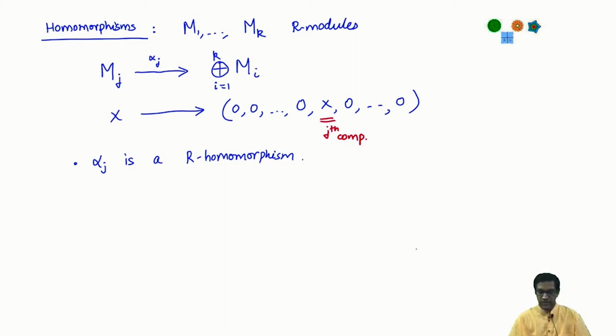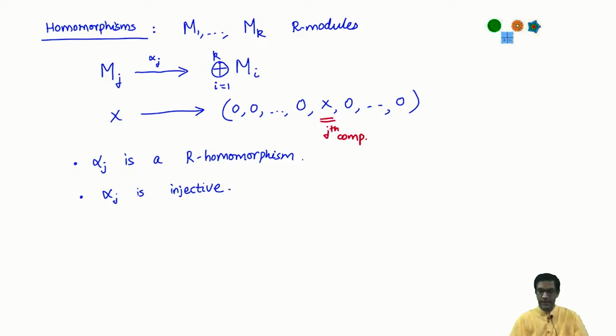So alpha j is in fact a homomorphism, and what's more, alpha j is an injective map. In other words, it's a one-to-one map. That's again clear because x maps to the tuple with x in the jth component, so two different things can't map to the same thing on the right side.